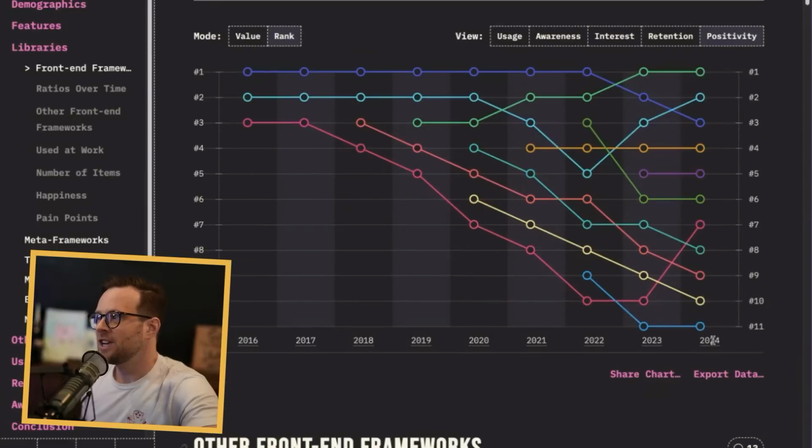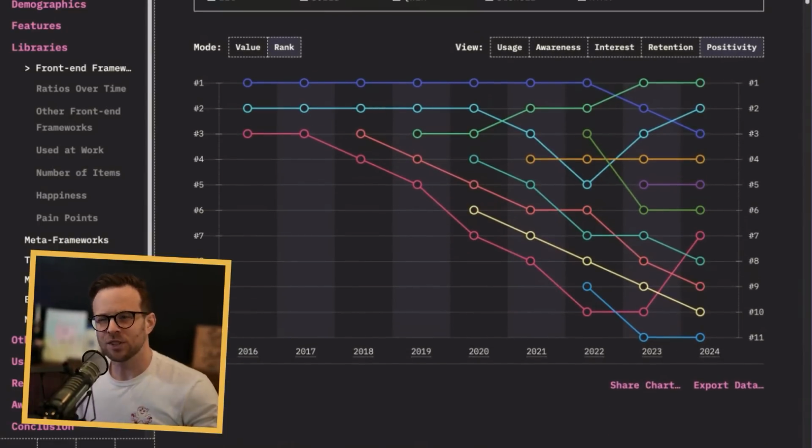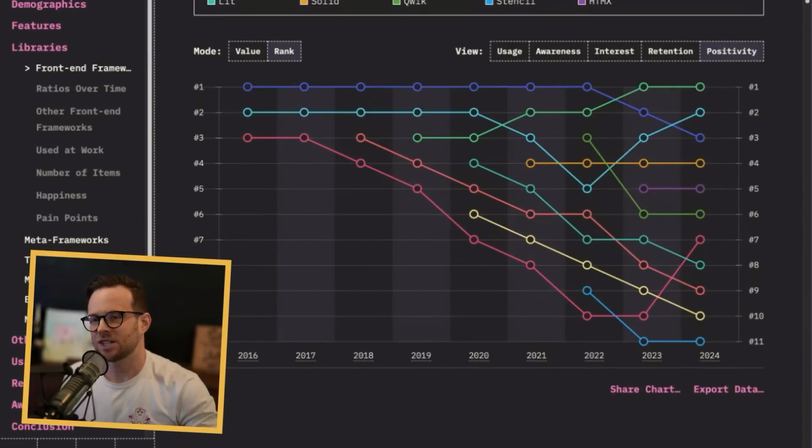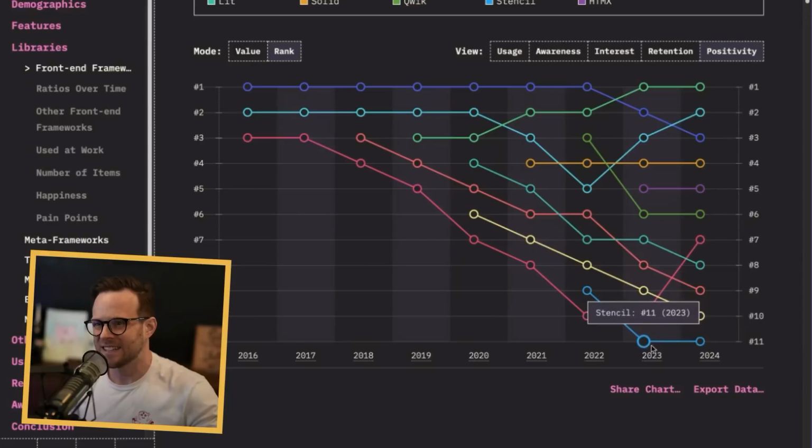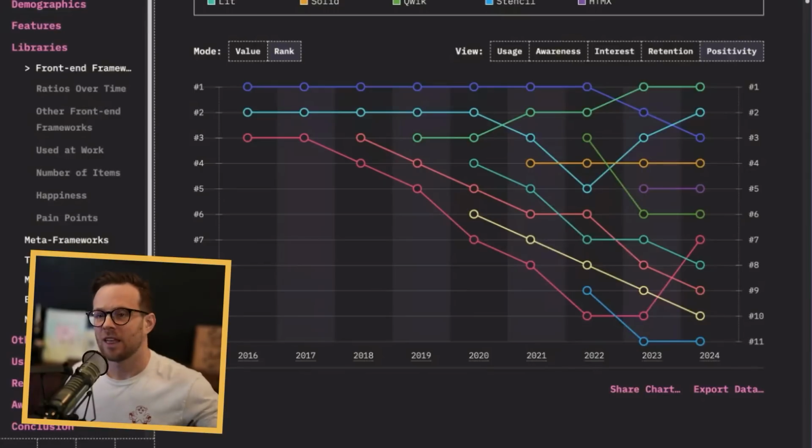Totally. HTMX going down by 11% is only surprising because when you first try HTMX, there's something magical about the simplicity. I really like the way it feels to use. But then when I need to do certain client-side things, if I'm not just loading HTML from a server, then it's like, oh, that's the limitation.